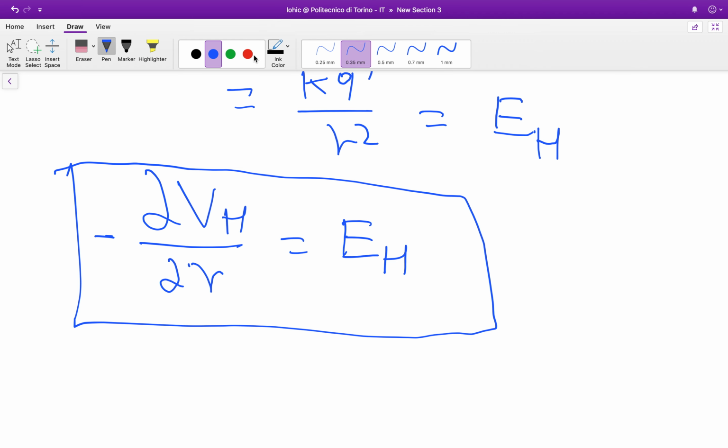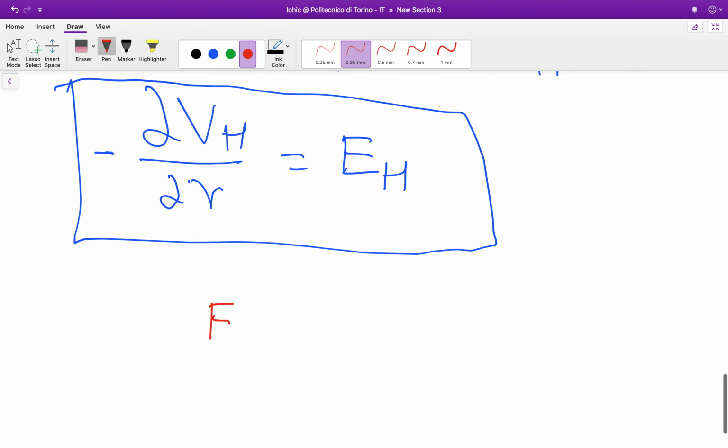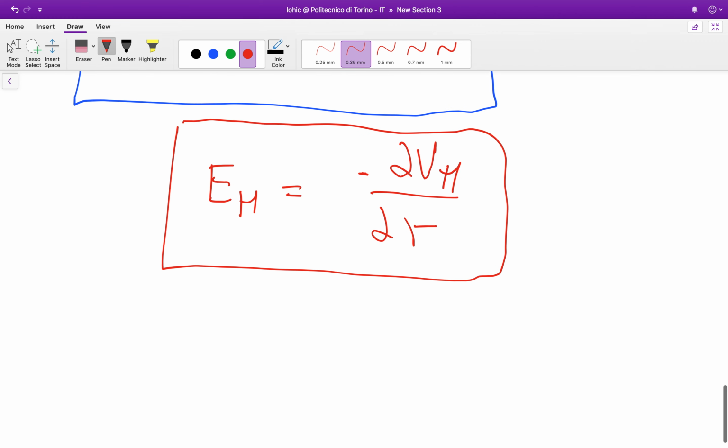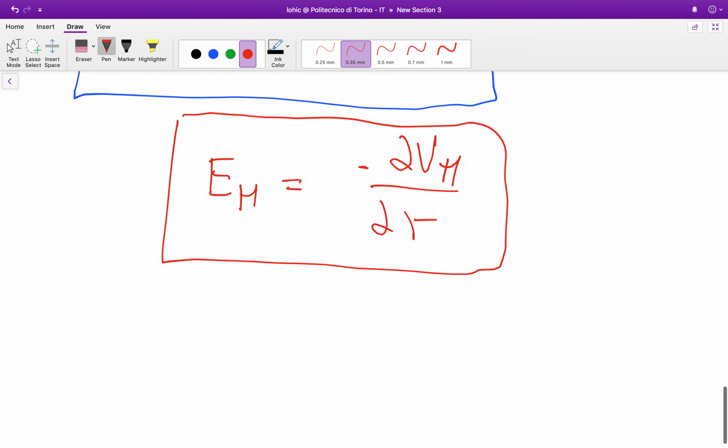So we can then say that the relationship is that the electric field at the point H is equal to minus the derivative of the electric potential with respect to R. Okay, look, this is the relation when we are using cylindrical coordinates.